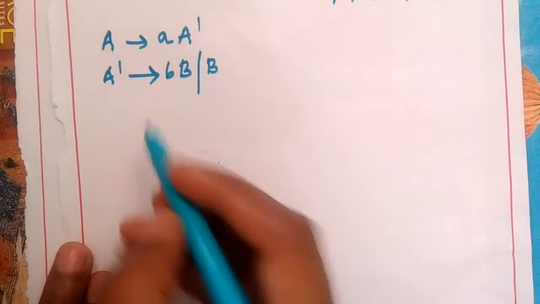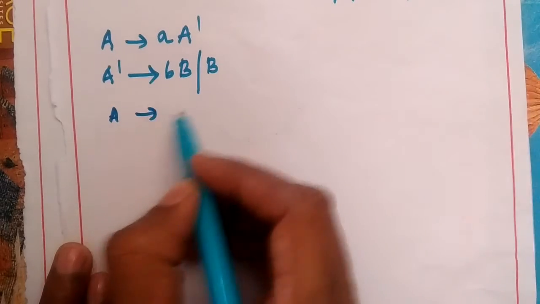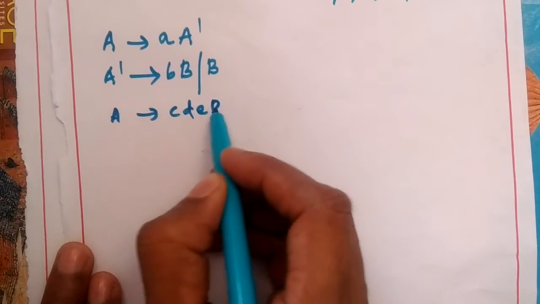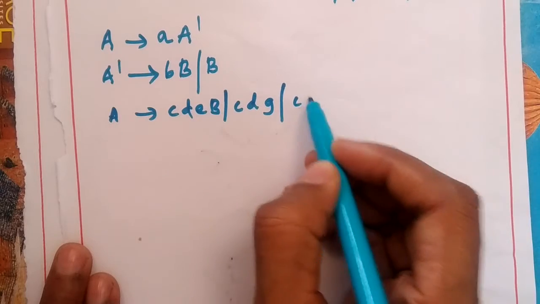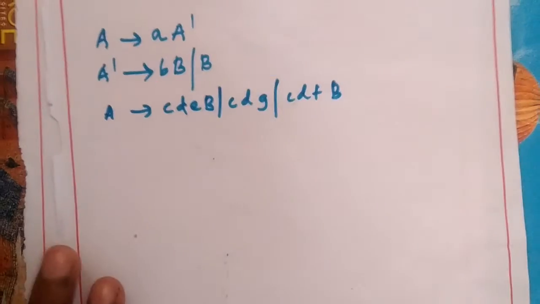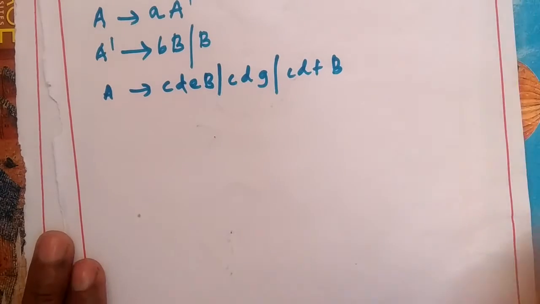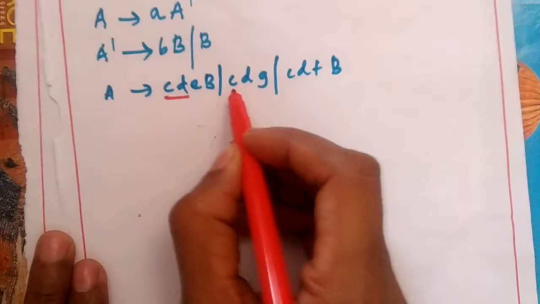The next ones are A gives c d e B, c d g, c d f and capital B. These are the productions where c d is common.